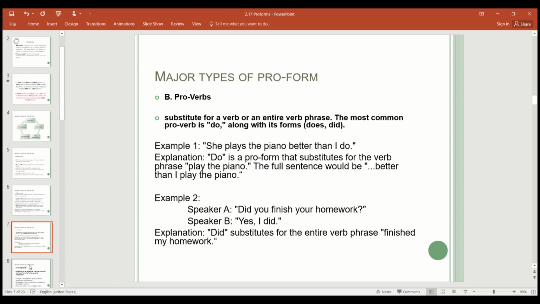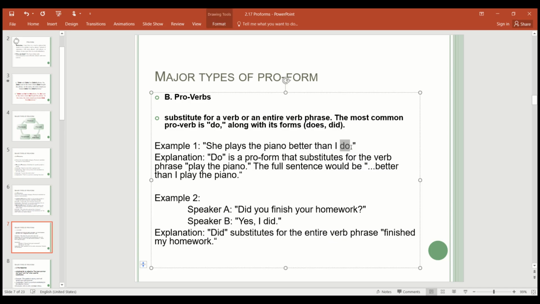Other types of proforms would be the proverb. Usually we use the verb do, with the most commonly used forms being do, does, and did. It is also possible to use doing and done, but the most commonly used are these three. For example, she plays the piano better than I do.